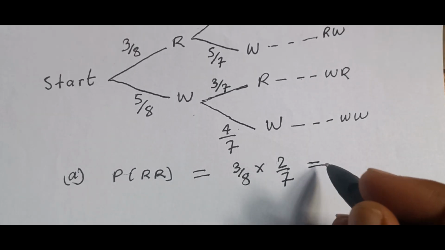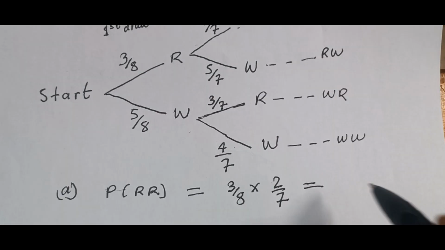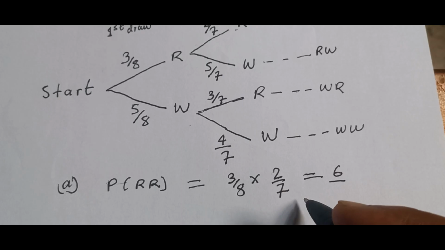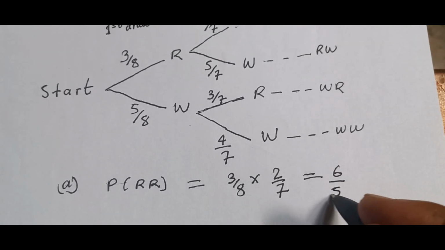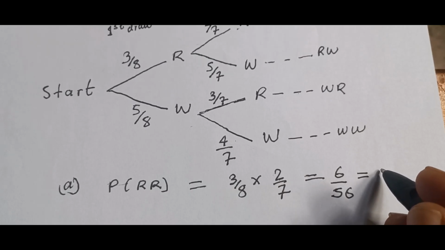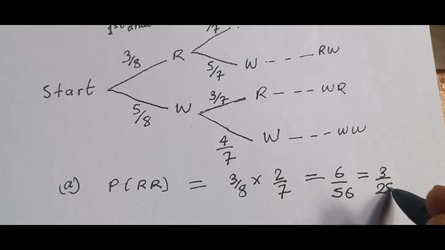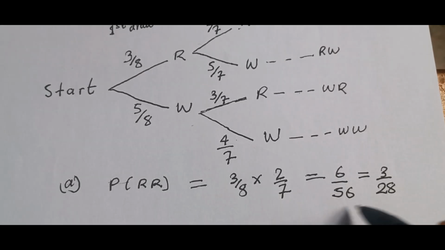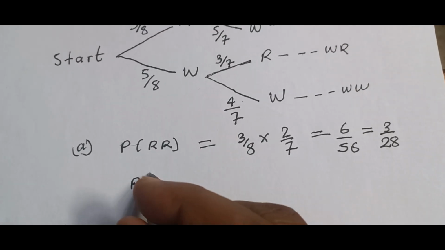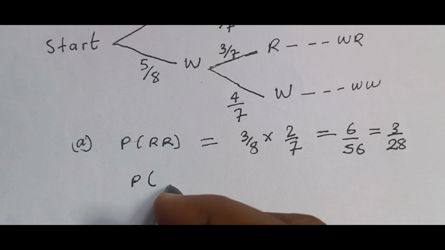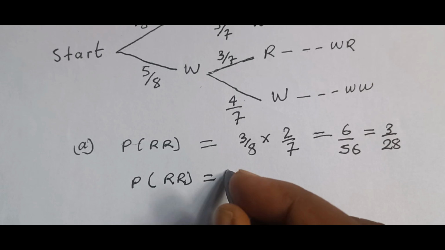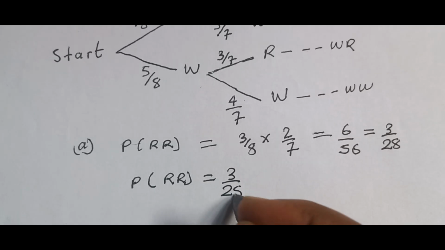So here we have 3 times 2 equals 6, 8 times 7 equals 56. Simplifying, we have 3 over 28. By 2, we get 3. By 2, we get 28. So the probability that both balls are red in color equals 3 over 28.